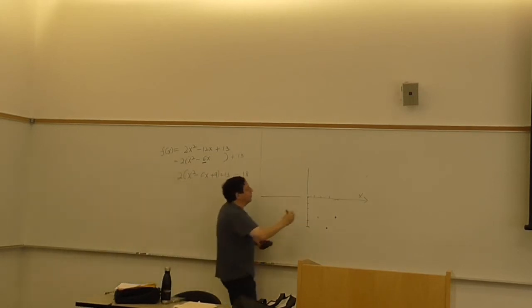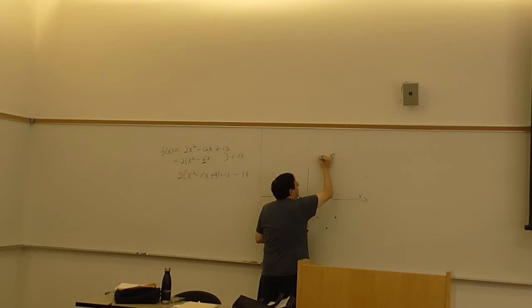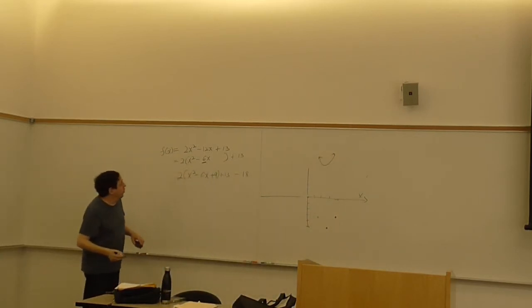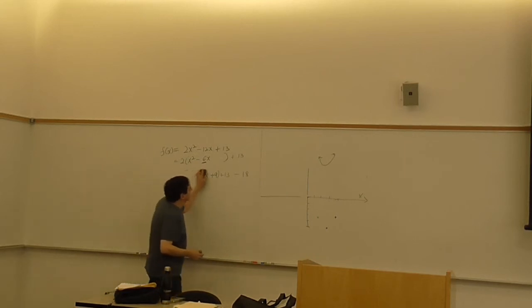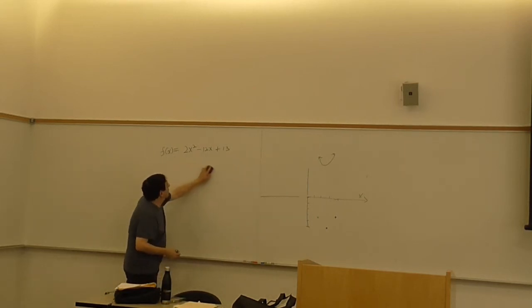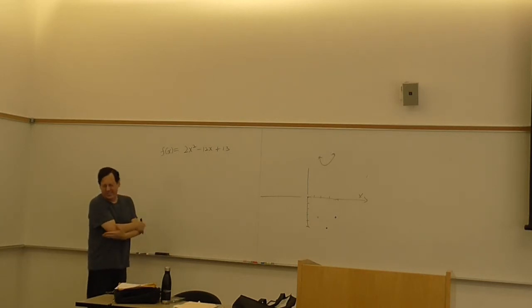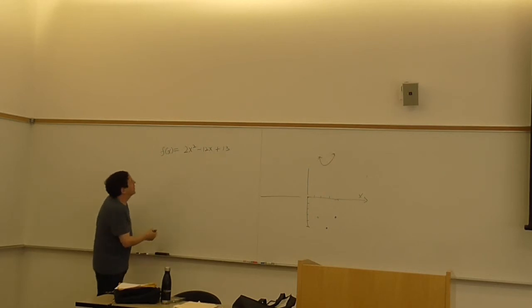You might have a parabola up here. Its roots are complex, and this isn't going to work. But so how would we do this? Well, we could try and factor this. That would be painful. I don't think it's going to work anyway.